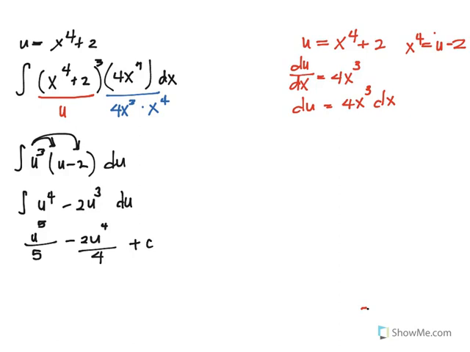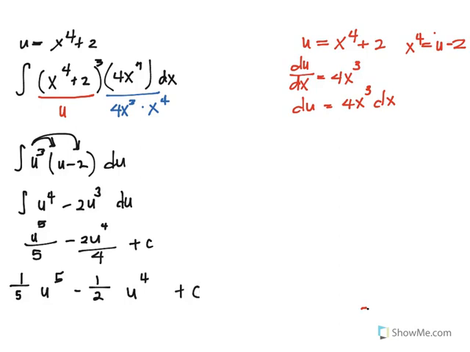We can also simplify negative 2 over 4 to become negative 1/2. So putting everything back together, we get 1/5 u to the power of 5 minus 1/2 u to the power of 4 plus c.